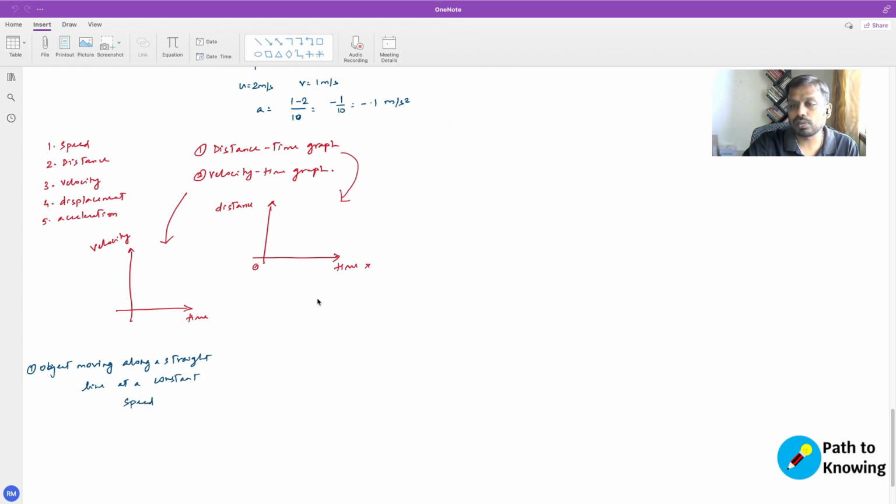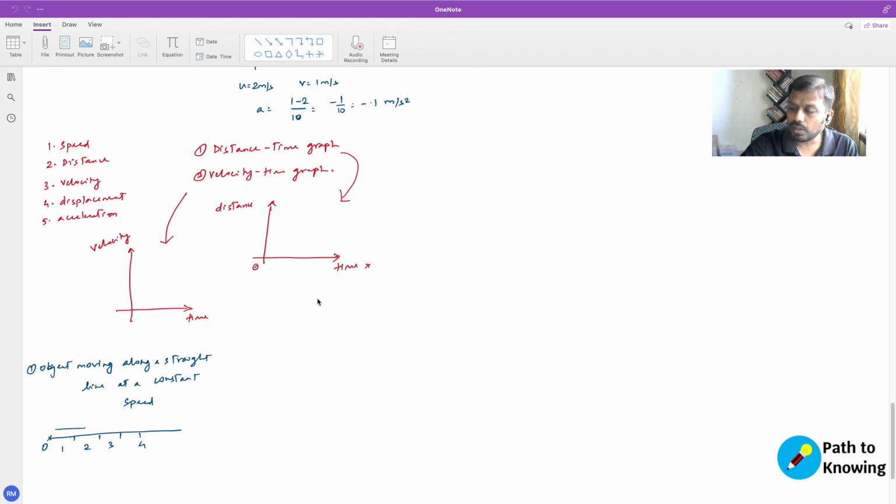When we say an object is moving at a constant speed, what we mean is, if I take this as the origin, for every second, it covers the same amount of distance, right? So after 1 second, let's say if it covers 1 meter, then after 2 seconds, it should cover 2 meters. After 3 seconds, it should cover 3 meters, and so on, right? So that is how the object would move from its origin.